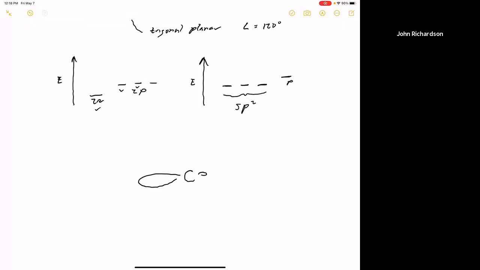Okay, and then I know I have to hybridize out to form bonds with the other hydrogens. So I'm going to show this bond going out at 120 degree bond angles. Then I have another one that I have to make that's coming out again like this, and I'll slash this in to show that it's coming out of the plane. And then I'm going to put my hydrogens in here.